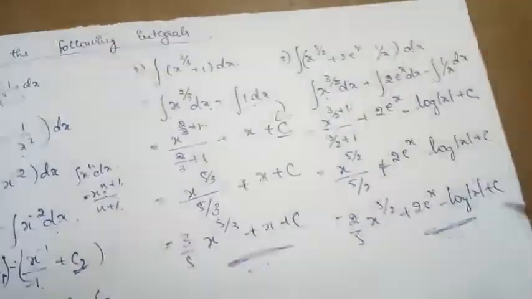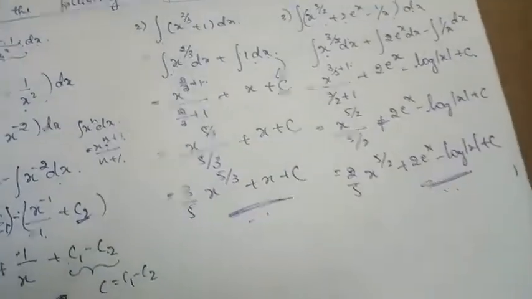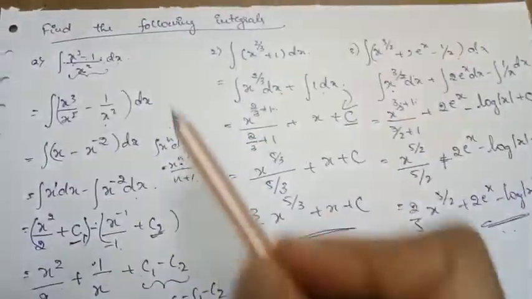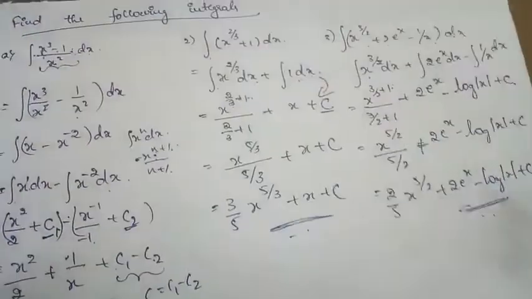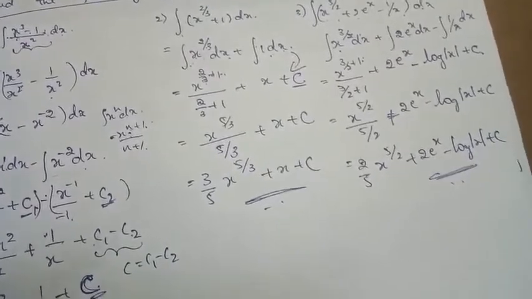So this is the integral of the given function. This is how we integrate a given function to get the respective integral by using the formulas which we already know.